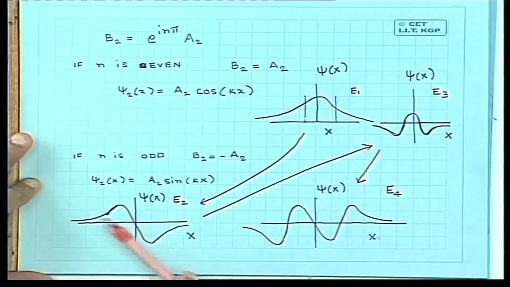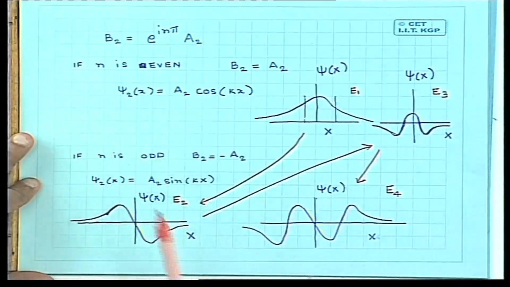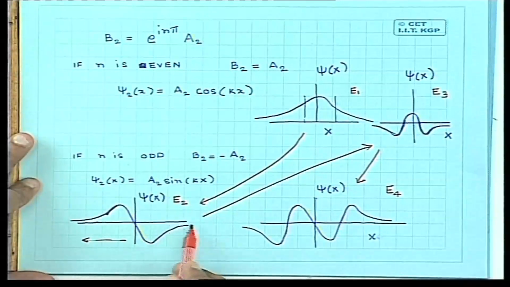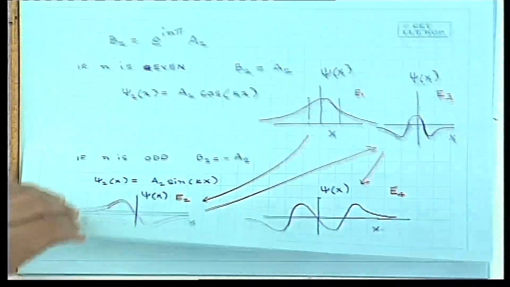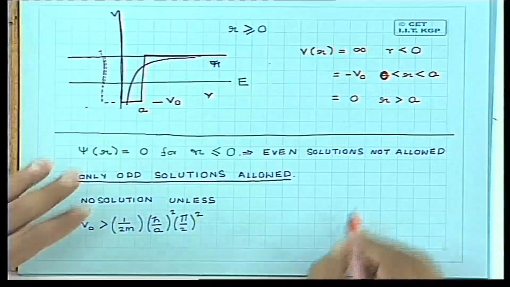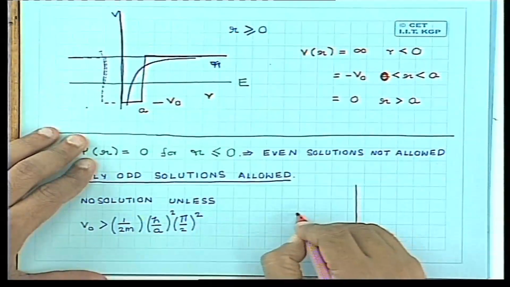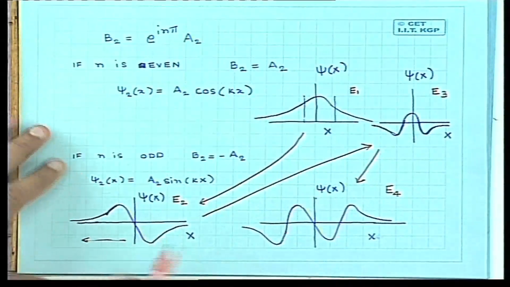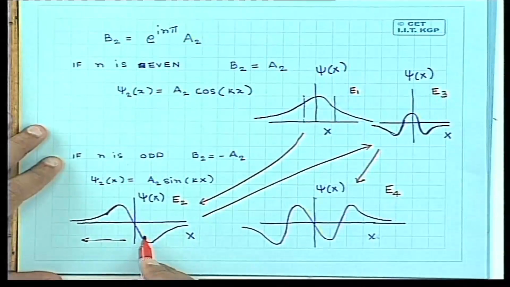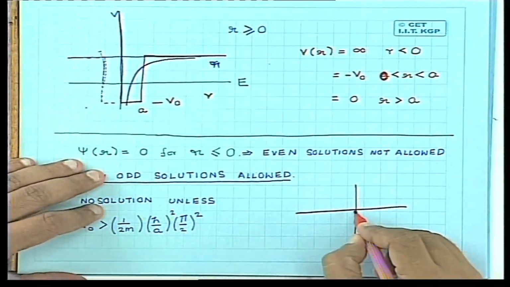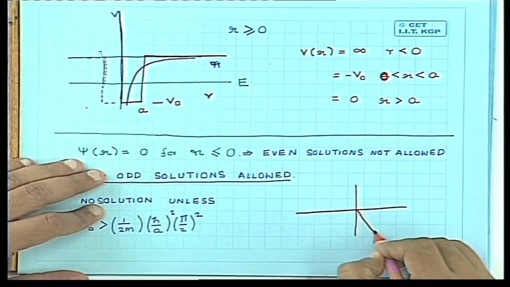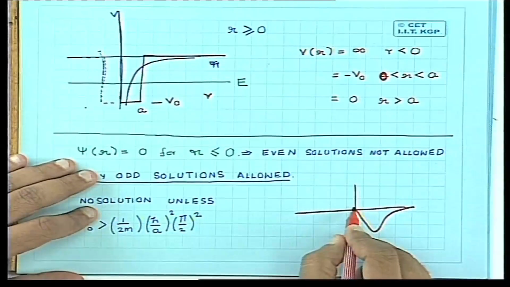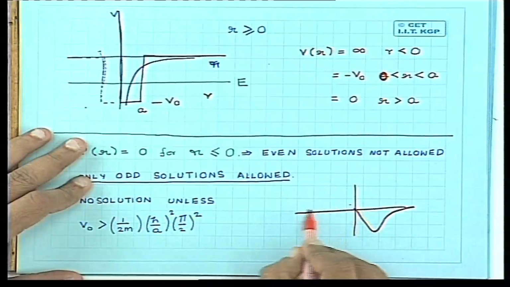So I can construct a wave function which is 0 everywhere over here, and it has this kind of behavior on the right hand side. And this will be a solution of this problem. I take this odd solution over here, and I just modify it so that it goes to 0 over here, and it remains 0 on the left hand side.